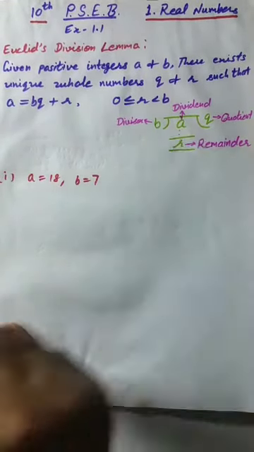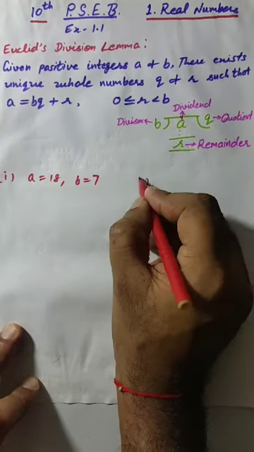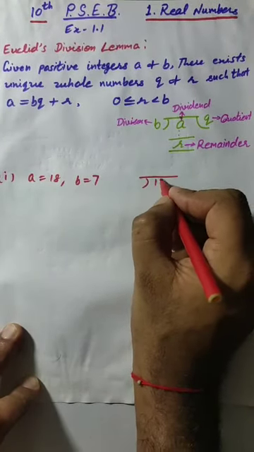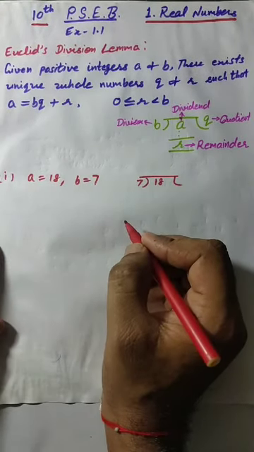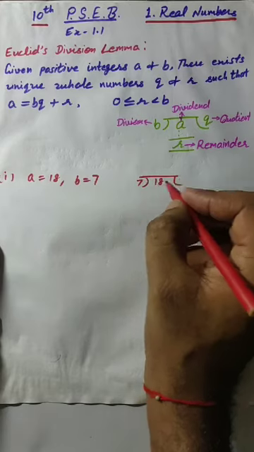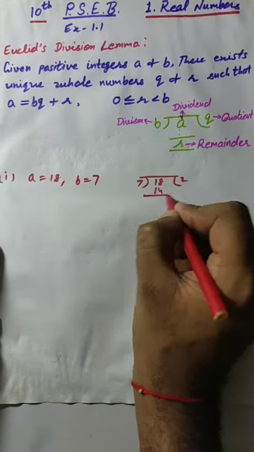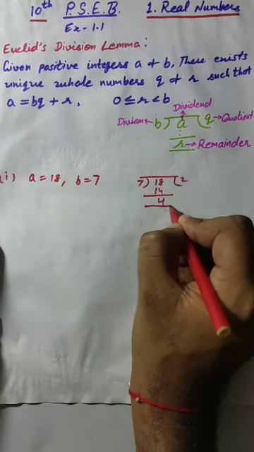Simply we'll divide like this, as we have learnt in our previous classes. Let us divide 18 by 7. 7 twos are 14 and we are left with 4.